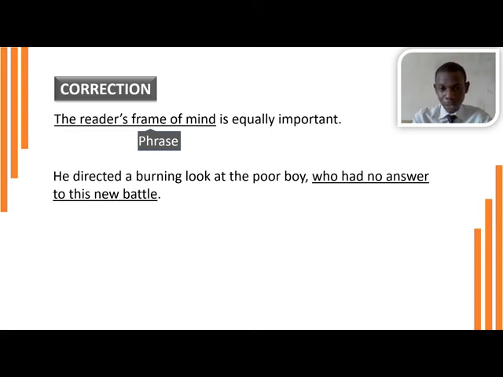Okay, can it change? He directs a burning look at the boy who has. Yes, it can change. So what do you think? This underlined statement is a clause. Yes, it's a clause. Had here is our finite verb.